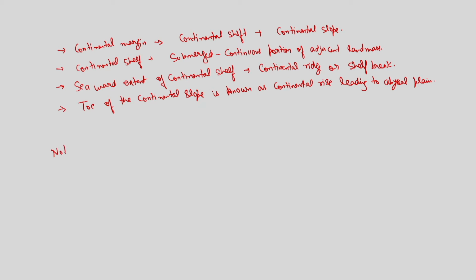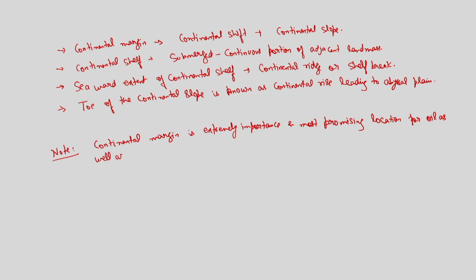So, it has to be noted here, whatever we discussed in the previous figure, that the continental margin, starting from the continental shelf to the end of the continental rise, is an extremely important and most promising location for oil as well as gas exploration.